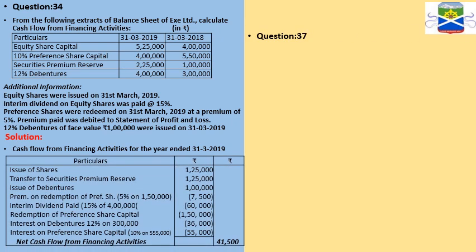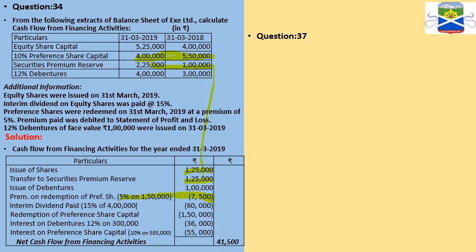So now in this part we will find the issue of equity share. We have 1,25,000 over here. Transfer to security premium reserve, that is 1,25,000, as we were discussing that security premium reserve is 1,25,000, that is coming over here. Now premium on redemption of preference share, that is 5%, because your redemption has taken place of 1,50,000. 10% preference share is redeemed, and on which 5% premium comes to 7,500.